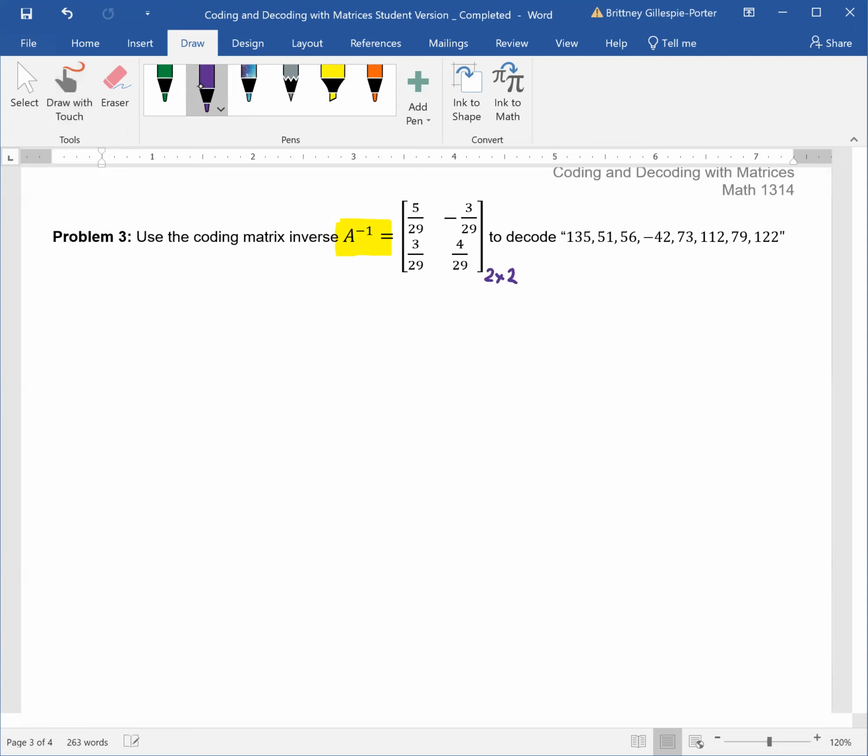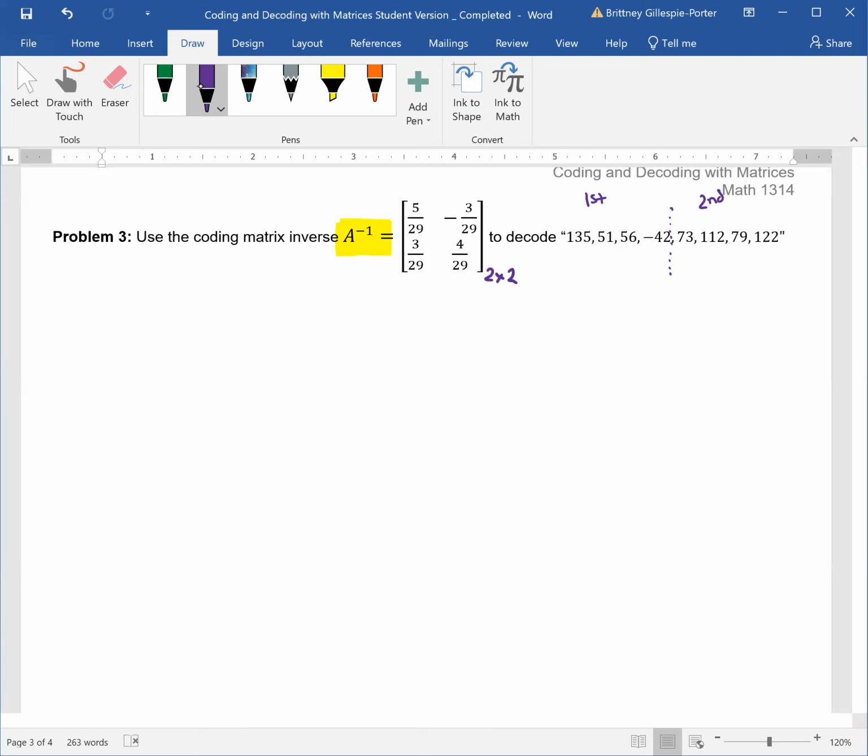So A inverse is a 2 by 2, which means that we're only going to have room for 4 of these numbers in a matrix, which means we are going to have 2 coded message matrices. So first one and then the second will be the second 4.